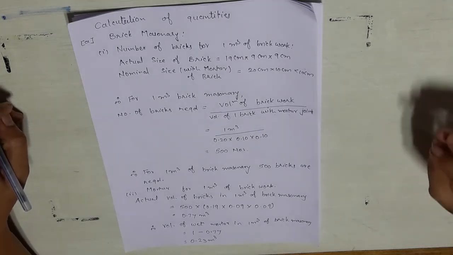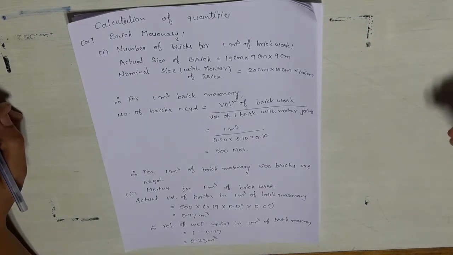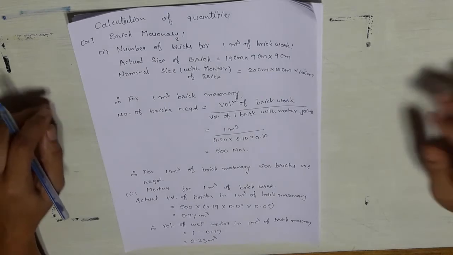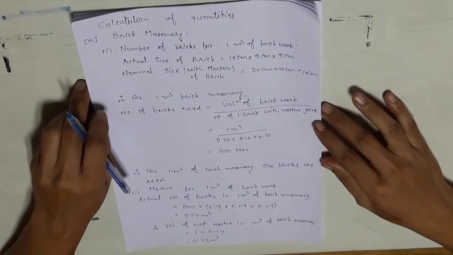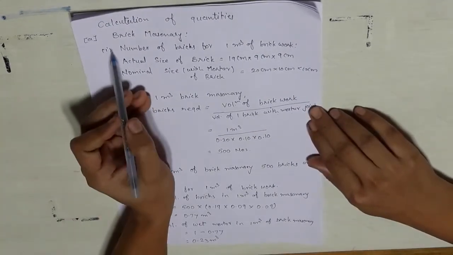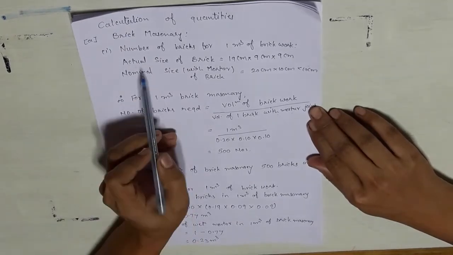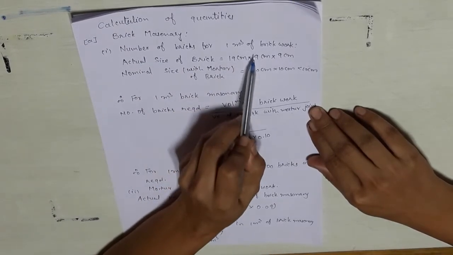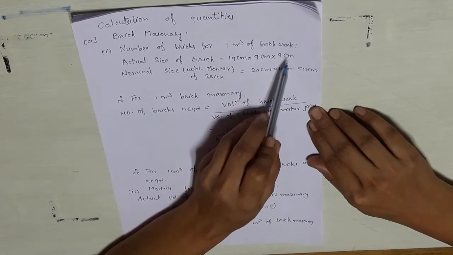Now here we can calculate the quantities for different items. First we calculate the quantity for brick masonry. Number of bricks required for 1 meter cube of brickwork.